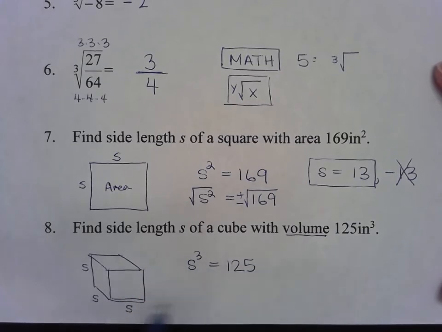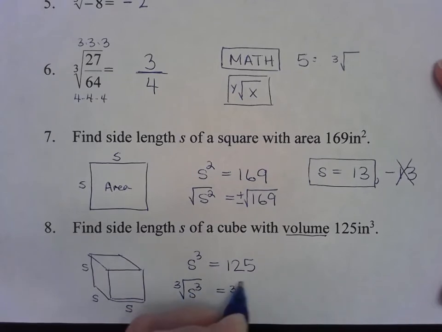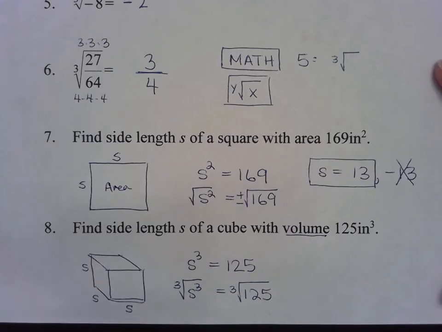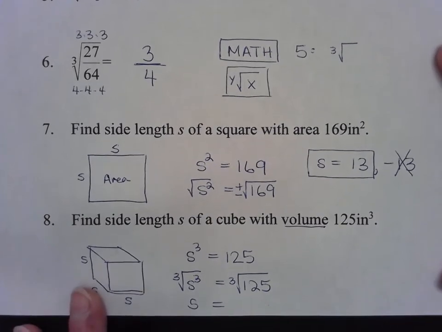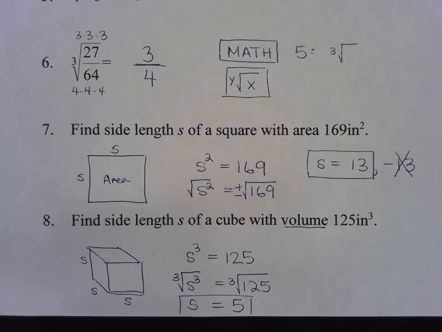You could think about what that would be, which is fine for now, or you could take the cube root of both sides, which we're going to do eventually. We don't have an issue with the signs for a cube root, because if I start with a positive, I end with a positive. 125 is 5 times 5 times 5, so we'd have side length 5.